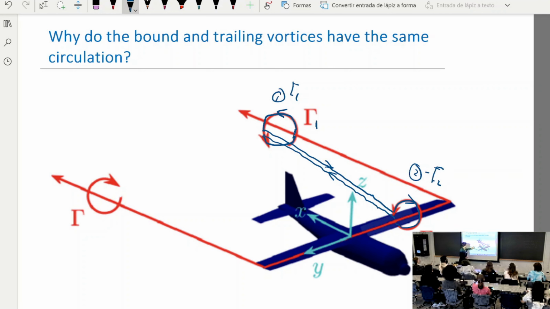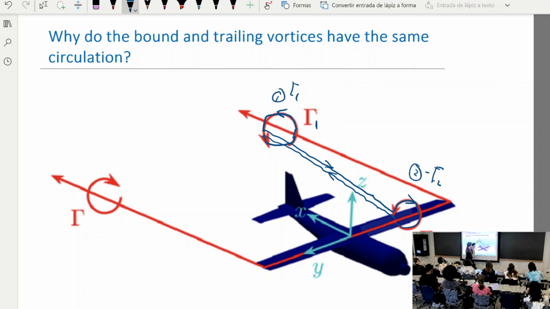The third part of the circulation goes from the upper side of the gap to the upper side of the gap over here. And the fourth part of the circulation goes exactly the other way at the spatial location very close by to the upper side. So these two parts of the circulation should cancel each other, and they are going to be canceled better and better as I make the gap smaller and smaller, right?